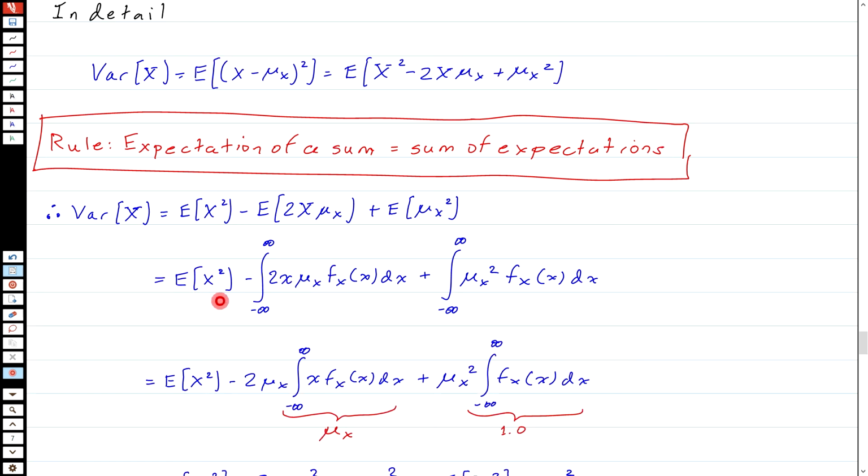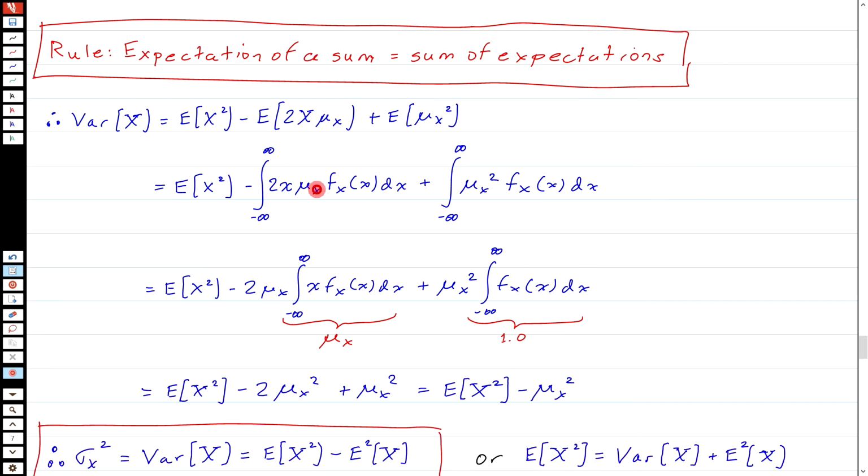I'm going to leave the first one alone. The second one becomes the integral of 2x mu of x f of x dx, and the third one becomes the integral of mu of x squared f of x dx. Now, the constants can come out front, so the 2 mu of x comes out. I'm left with x times f of x dx inside, and we know already that that's just mu of x.